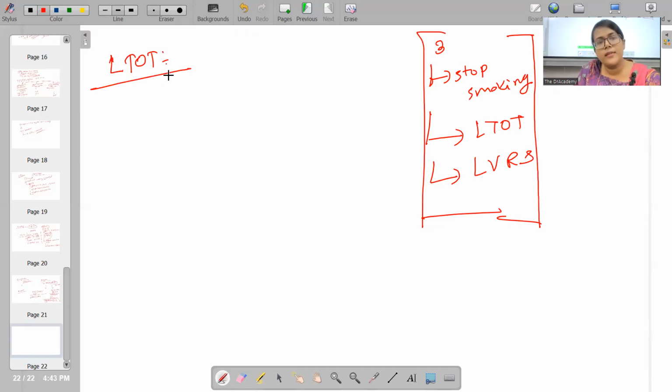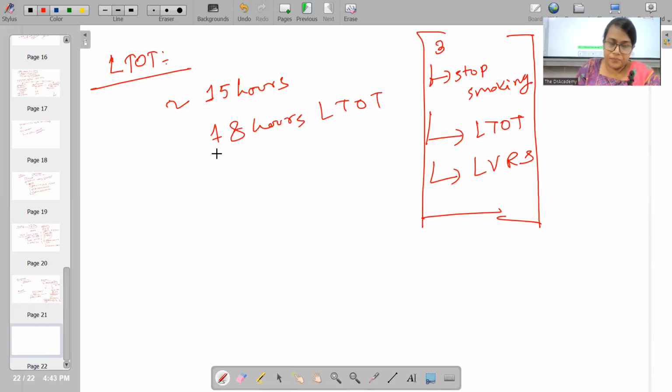So there are several indications for long-term oxygen therapy. According to the 2010 NICE recommendation, it has been postulated that a patient should be on LTOT for a minimum of 15 hours. And nowadays the window period is actually increased. So now they're saying that a minimum of 18 hours of LTOT therapy should be given.